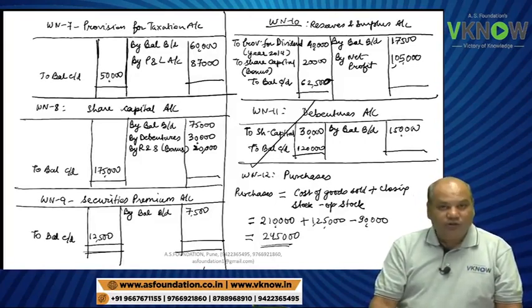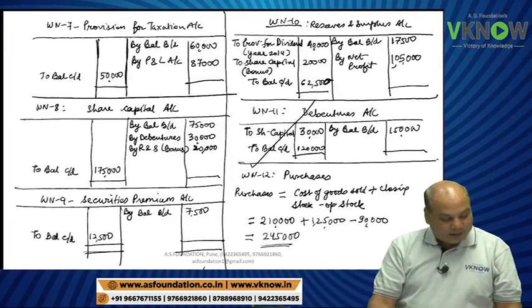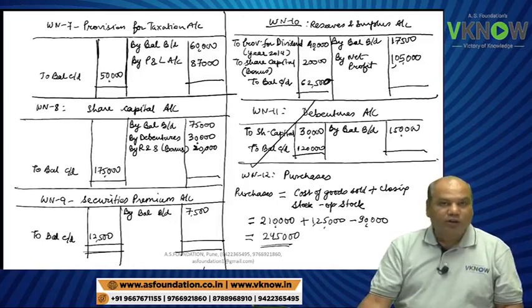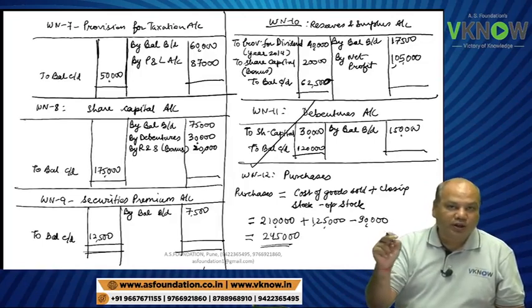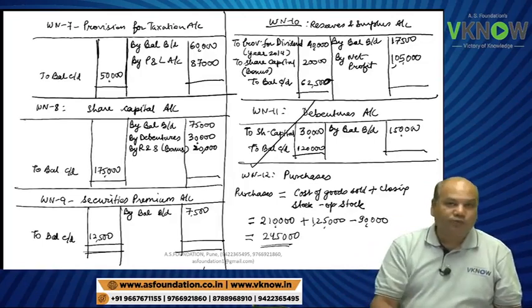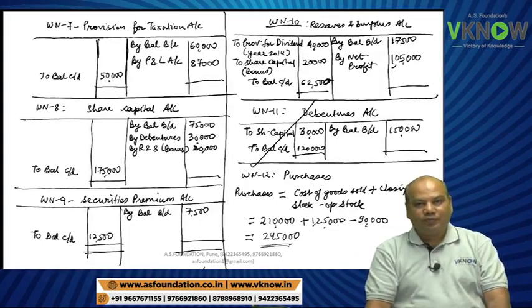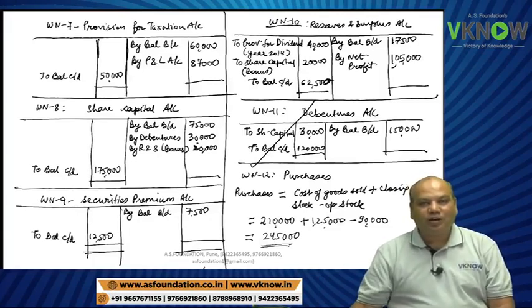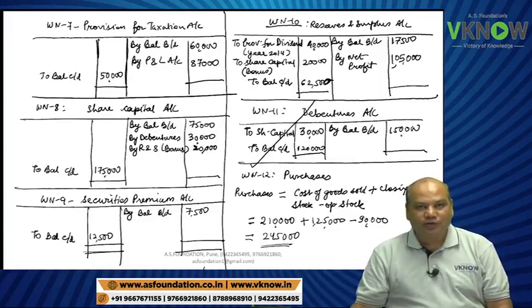And the last adjustment is company further issued 5,000 shares of rupees 10 each at a premium of rupees 1 per share. Entry will be bank account debit 55,000 to share capital 50,000 to securities premium 5,000.